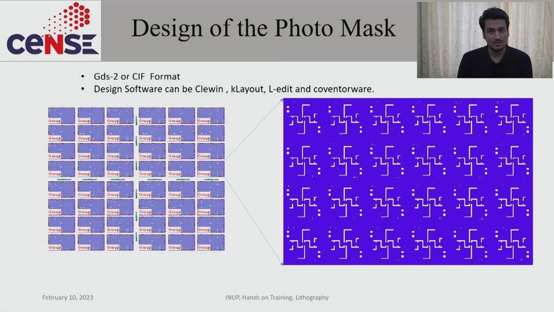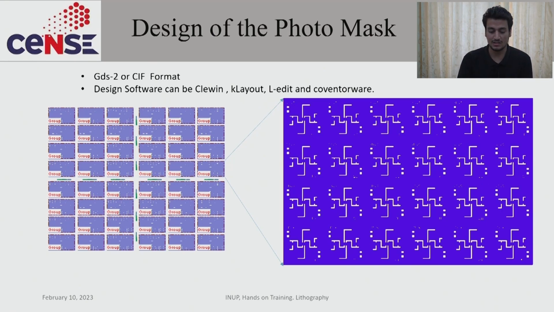The design softwares which we are using to make the designs are K-Layout and Clevin majorly. You can use some other softwares also like L-Edit or Conventor, but the format should be GDS or CIF.